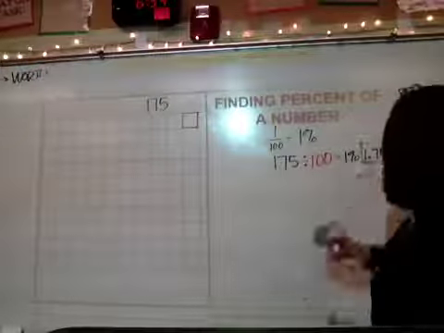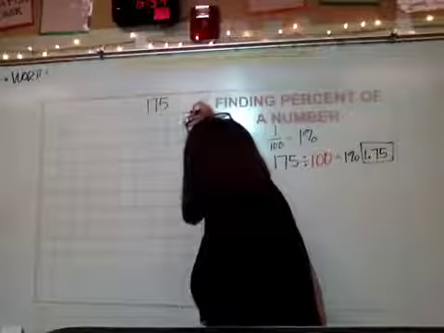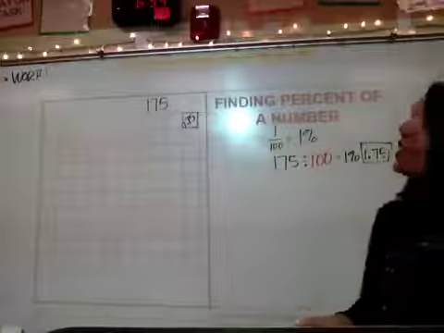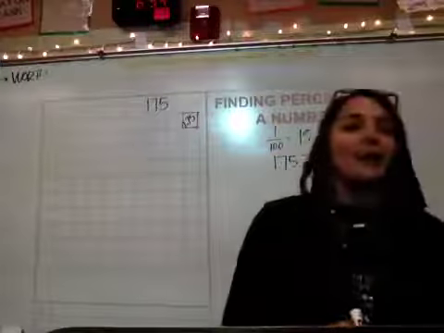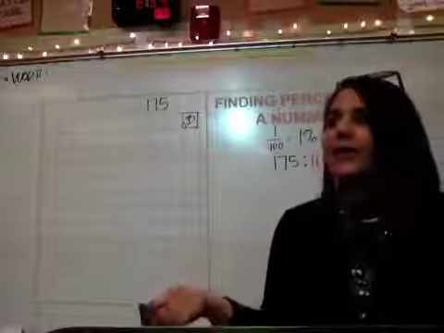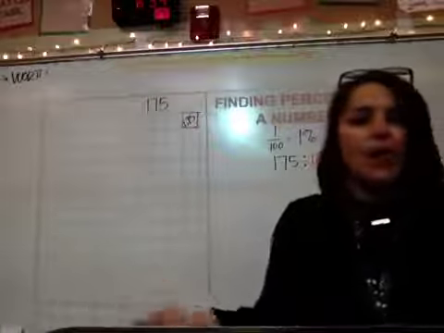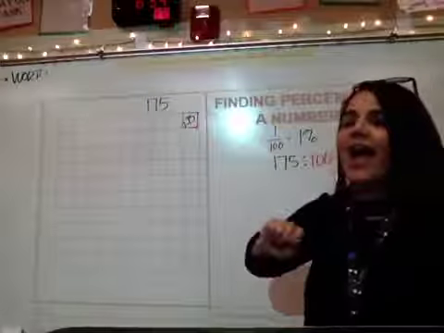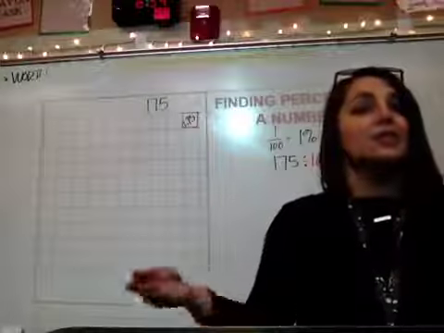Okay? So, each of these boxes is worth 1.75, 1 75 100ths, or $1.75 if you're working with money. Now, we know that if one thing has a value of $1.75, like a candy bar or a bottle of Coke or whatever, then two things are $1.75 times 2.